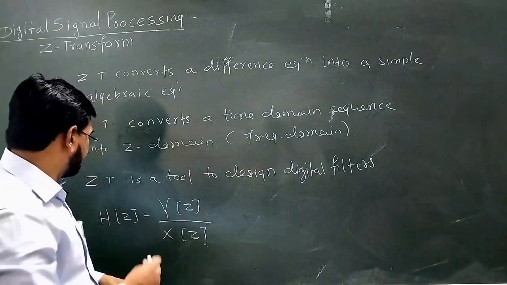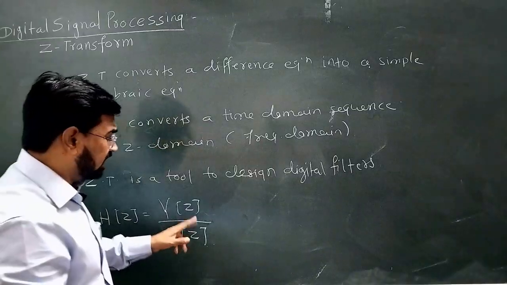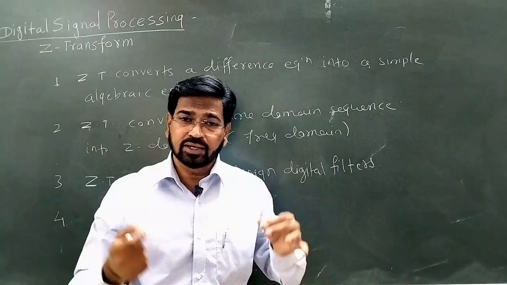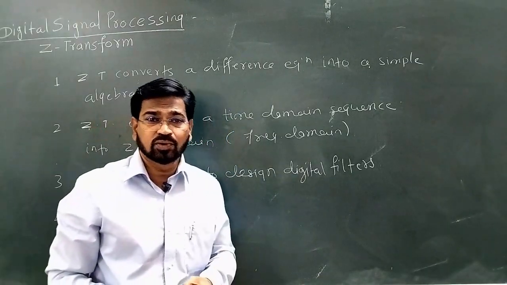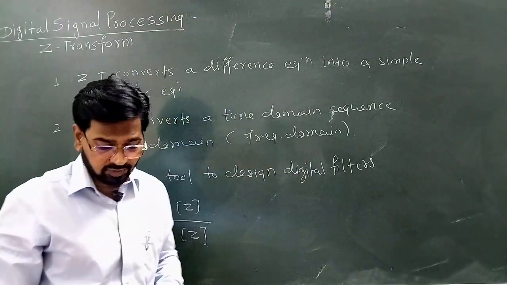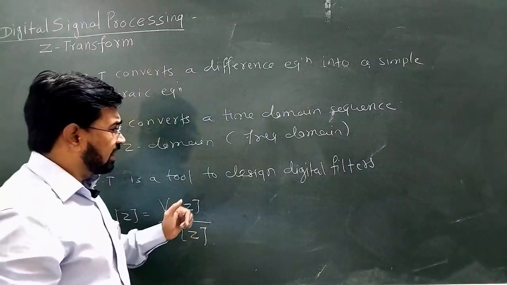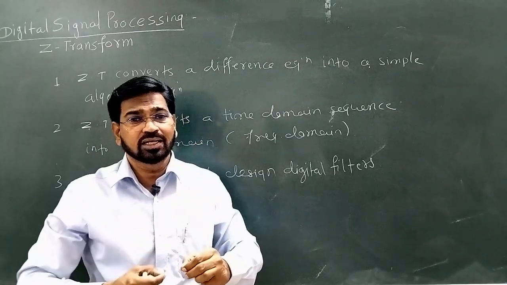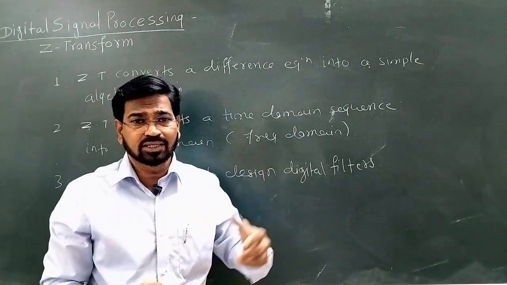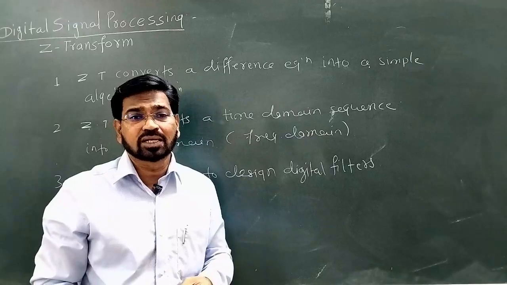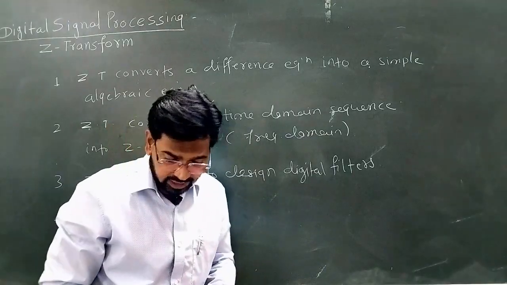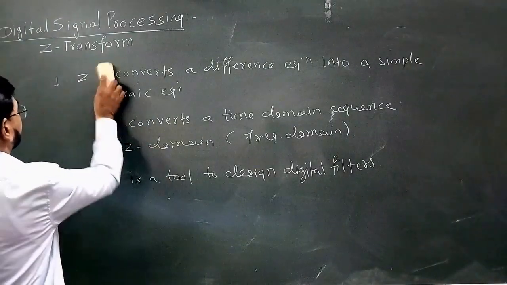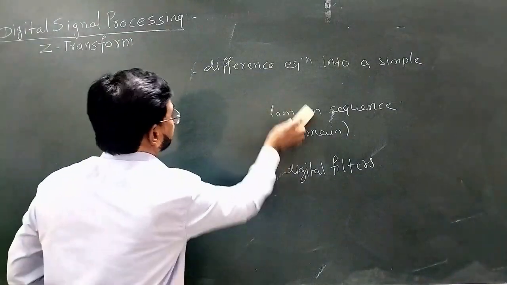Now, if we replace z by e raised to j omega, we can obtain the frequency response. There are many applications: we can find the stability of the system while designing, whether it is stable or unstable, by using the unit circle of the Z transform. So, let us begin with what the Z transform is, and later we will see some more applications.